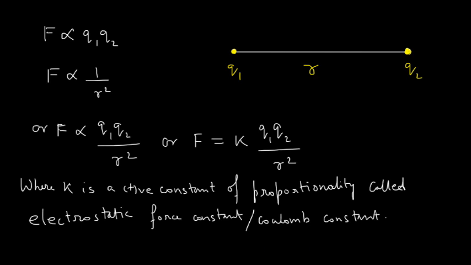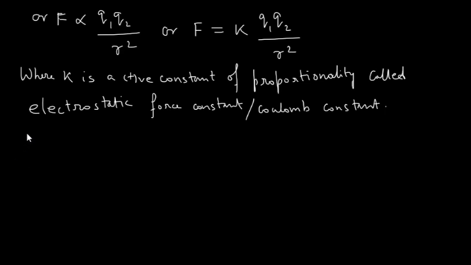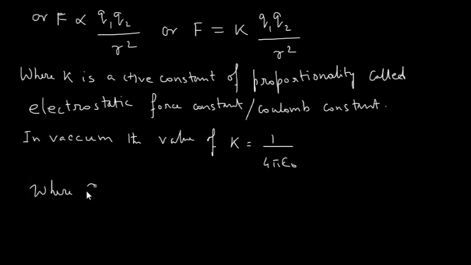In vacuum, the value of K is equal to 1 by 4 pi epsilon naught, where epsilon naught is the permittivity of free space.